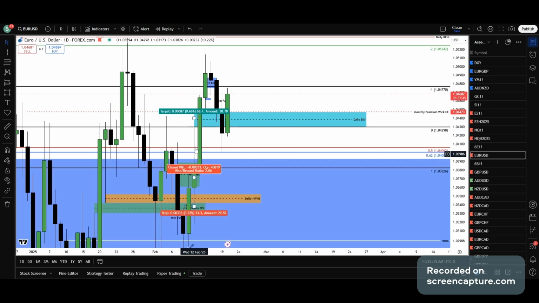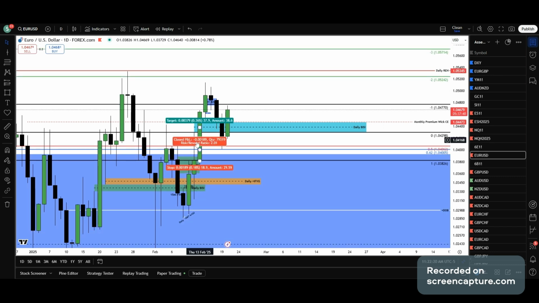Okay, that wick would act as a gap. Okay, so with that wick acting as a gap, we take a measurement to get 50% of it, and the 50% measurement of it is a daily premium wick, which is now acting as a discount wick.